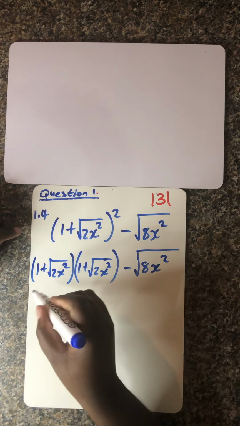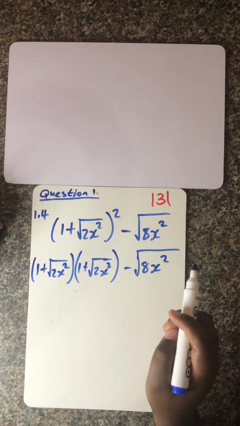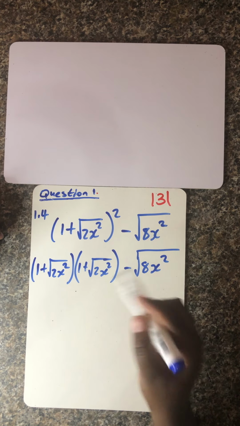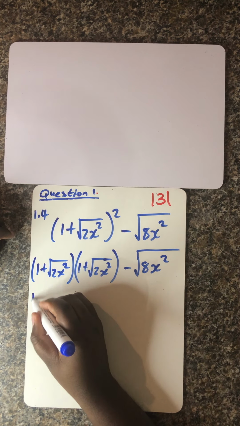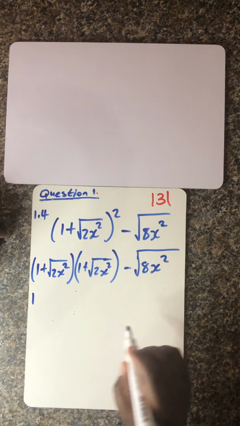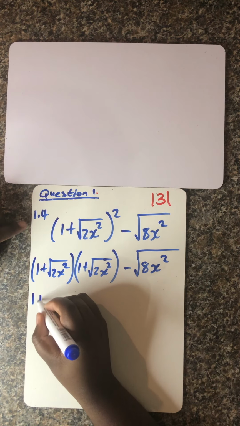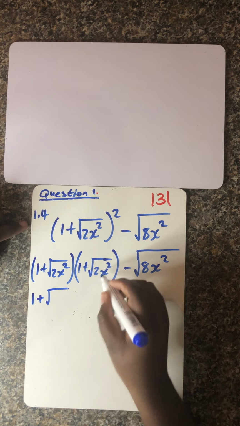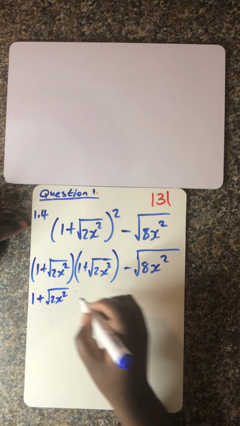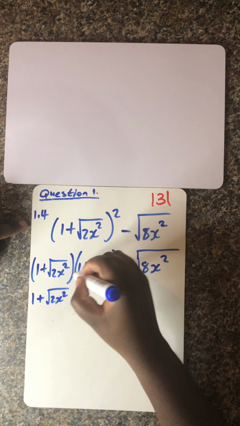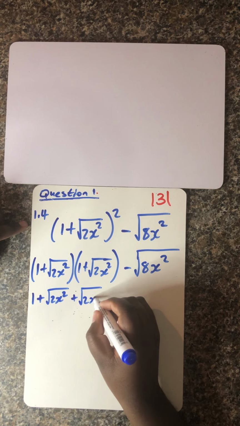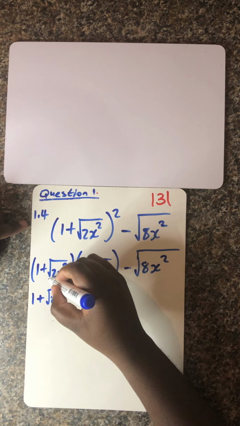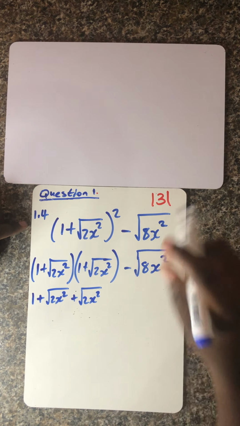The next step, you multiply. So that means you have 1 times 1, which is just 1. 1 times that is the same thing, which is square root of 2x squared. Then you multiply this by 1, still the same thing, which is square root of 2x squared. Then you have this multiplied by that.